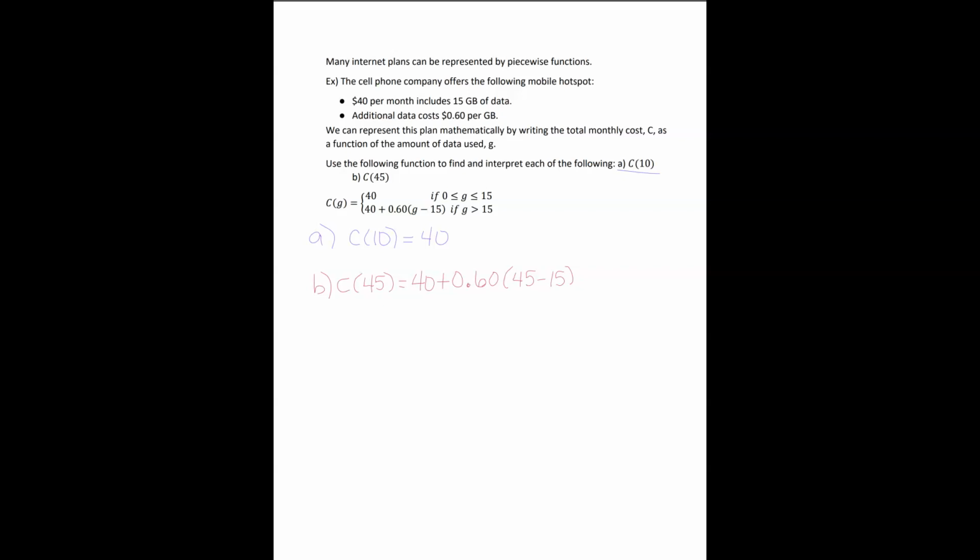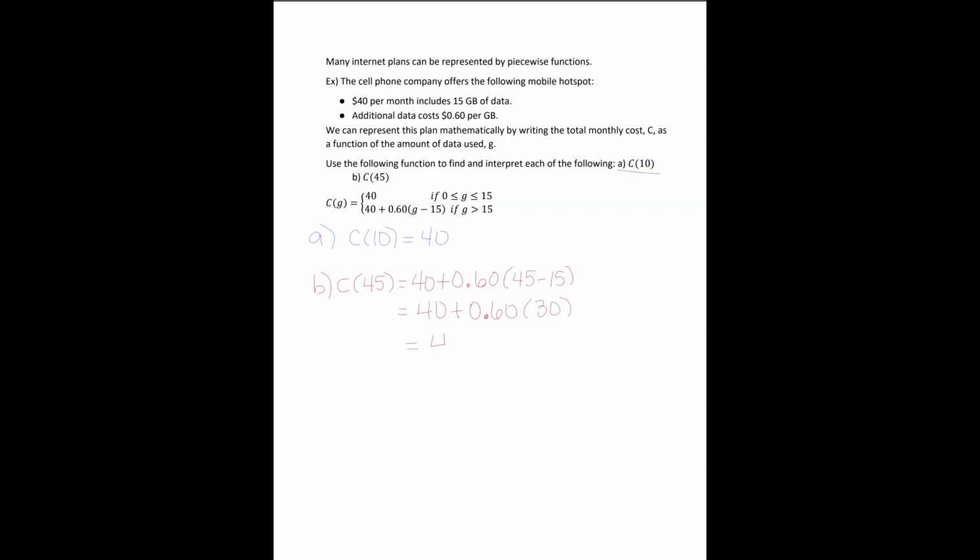Now all we got to do is just do the math. If you have a calculator, you can skip through all these steps. I'm going to work them just so that we have them. This is going to be 40 plus 0.60 times 30.